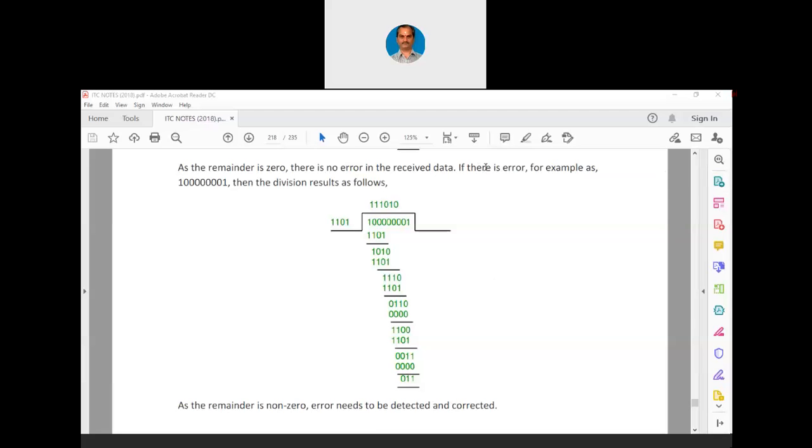So these are the basics of CRC, cyclic redundancy check, which is quite a simple procedure. Except for error detection and correction, we have discussed the basic scheme of CRC, and it is always used in our regular life, as I have told you in the applications.